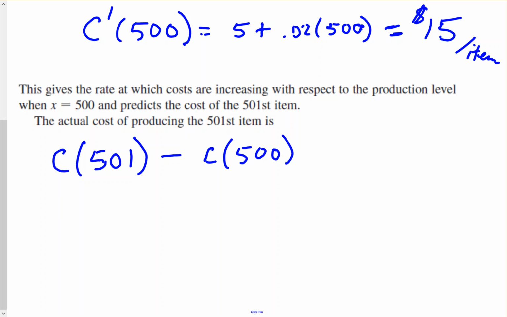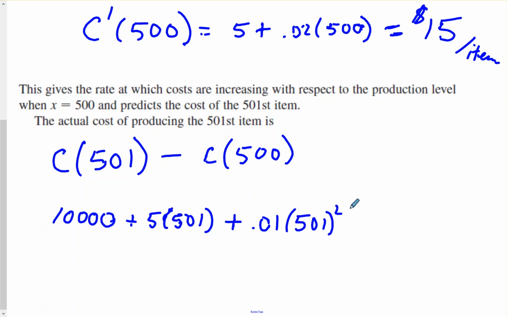Okay, and we see that if we plug 501 into our formula, we'll have 10,000 plus 5 times 501 plus 0.01 times 501 squared, minus 10,000 plus 5 times 500 plus 0.01 times 500 squared.